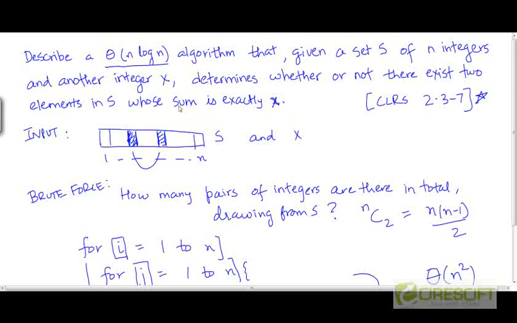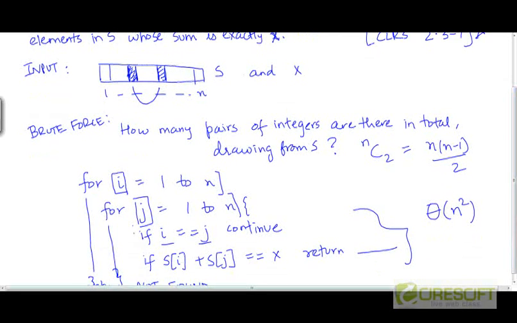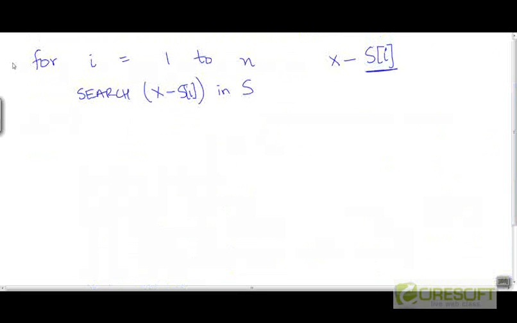But if we were to sort it, we know that sorting S wouldn't take time more than theta of n log n because we have already seen an algorithm, merge sort, which takes theta of n log n time in the worst case to sort a given array. So we can use merge sort to first sort S, and then we could do something like this.